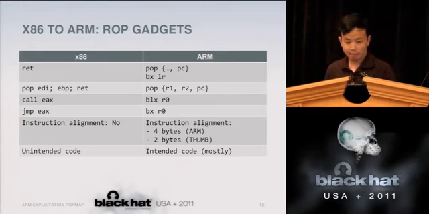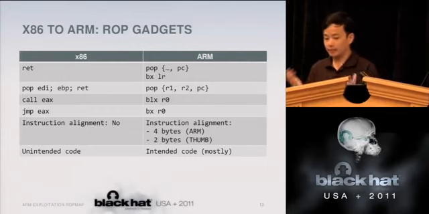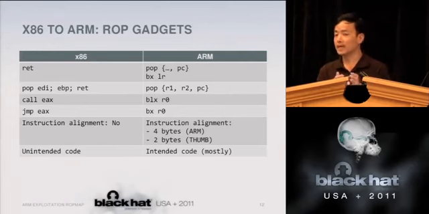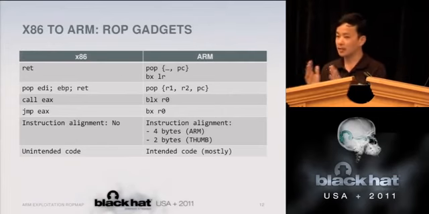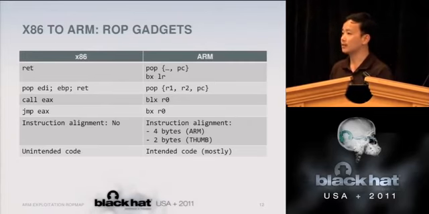Note that for x86 architecture, there is no alignment of instructions, so you can find a lot of gadgets from unintended code, like code that just does data movement, but by shifting every byte, you can find interesting gadgets.